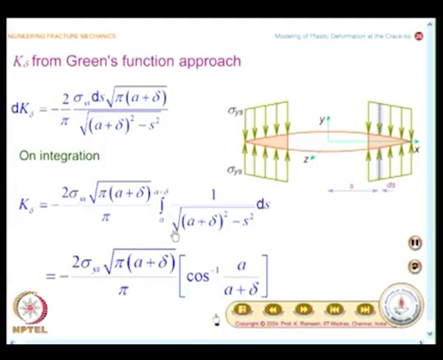After putting the limits, whatever the expression I get could be simplified to cos inverse a by a plus delta, and this is pre multiplied by minus 2 sigma ys square root of pi a plus delta divided by pi. So, what we have done?